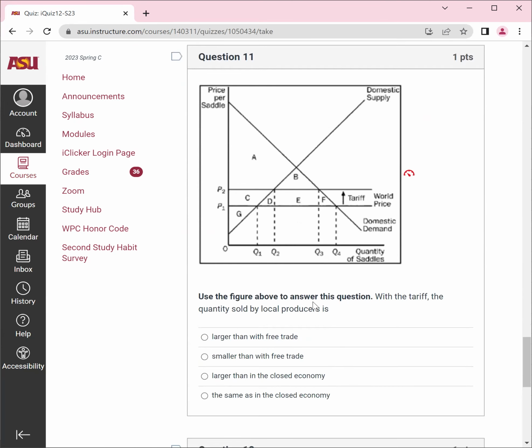Let's look at 11 here. Use the figure above to answer this question. With the tariff, the quantity sold by local producers is, okay, domestic supply, domestic demand. So the tariff gets you closer to the world price.